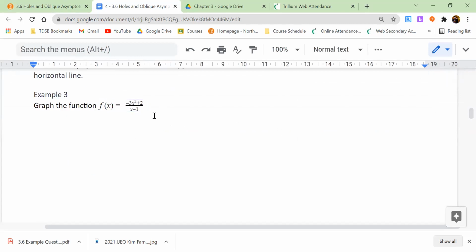Let's see if I can copy this and put it on Zoom. Let me see if I made a mistake. It is a minus.